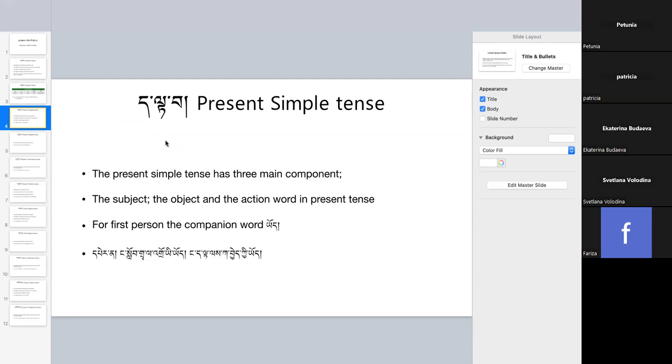Nga tata lega cheki yu. So we see that for the first person, we're using yu when we are stating the present simple tense. Nga lobta ru or nga lobta la troi yu. Nga tata lega cheki yu. I'm doing an action.